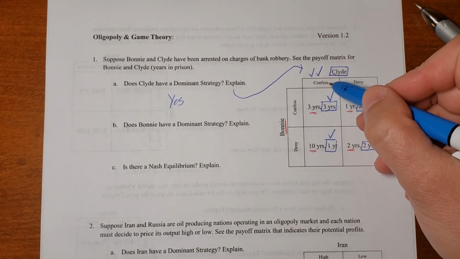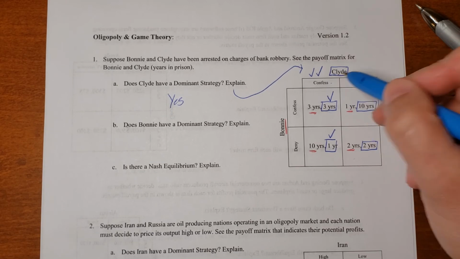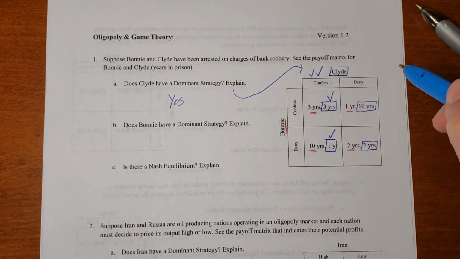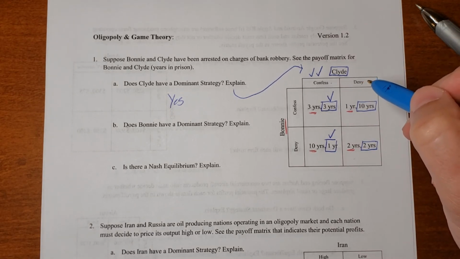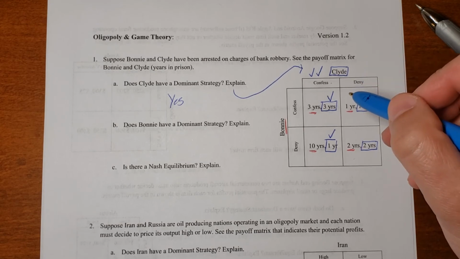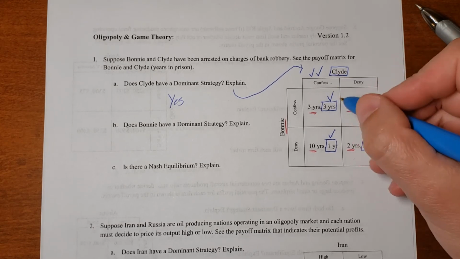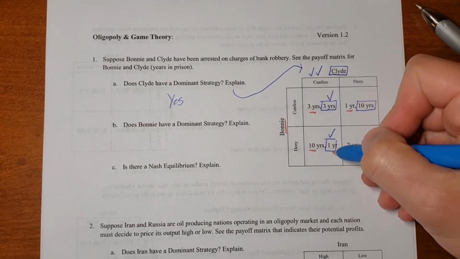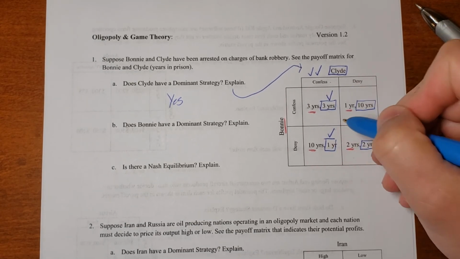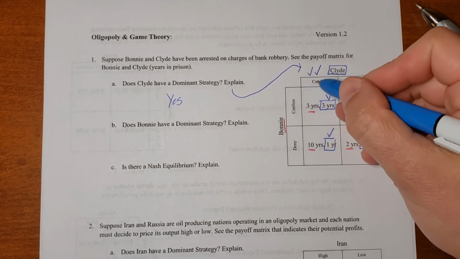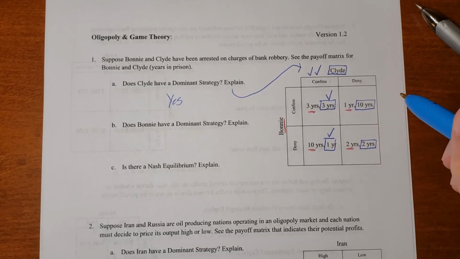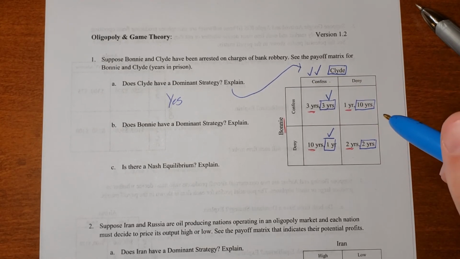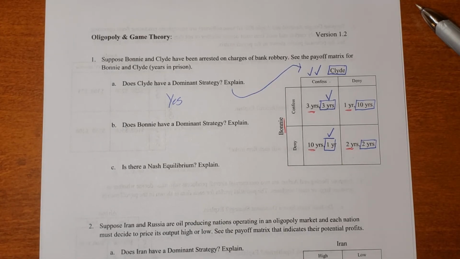So regardless of what Bonnie does, Clyde is actually better off confessing. Right? So you could also put it this way: if you see two checks for confess, dominant strategy. And that's exactly what we see. Both checks for Clyde are going to be on confess. Okay, so we don't know about Bonnie yet, so now we're going to move on to Bonnie.